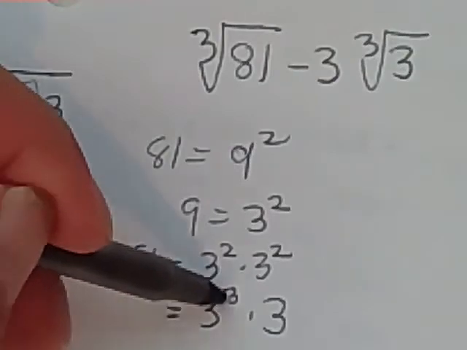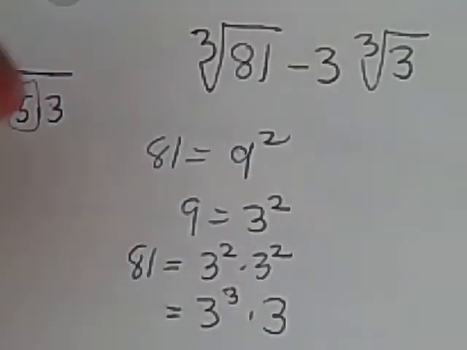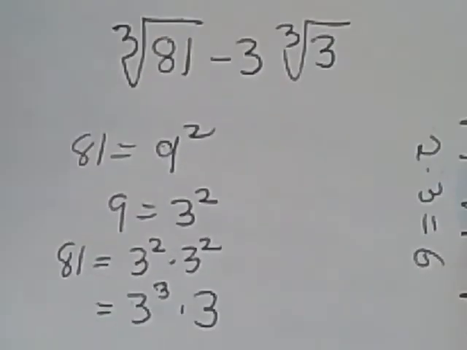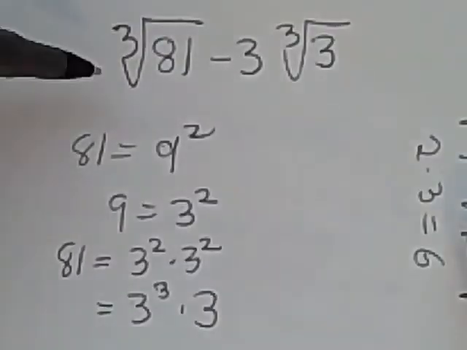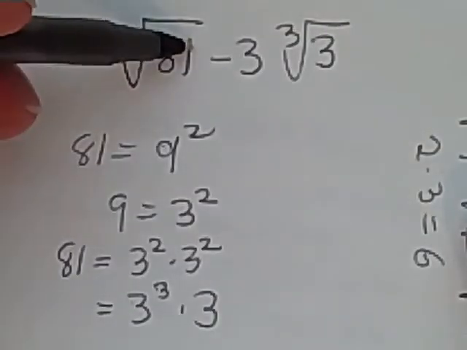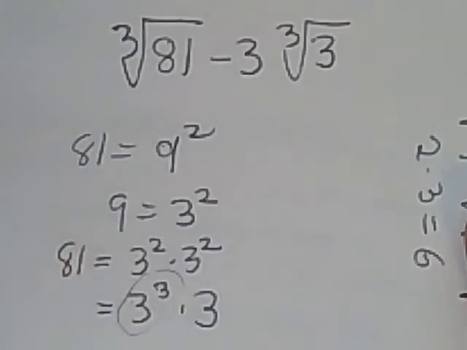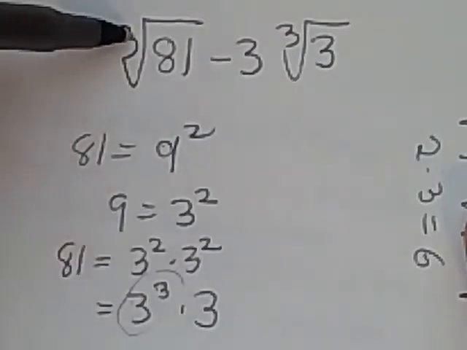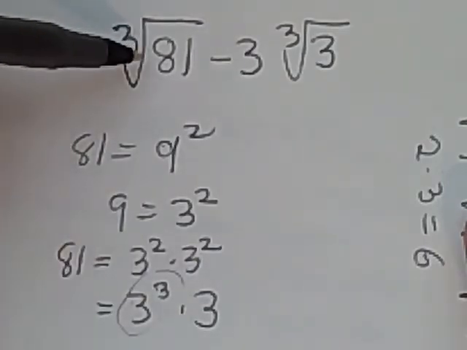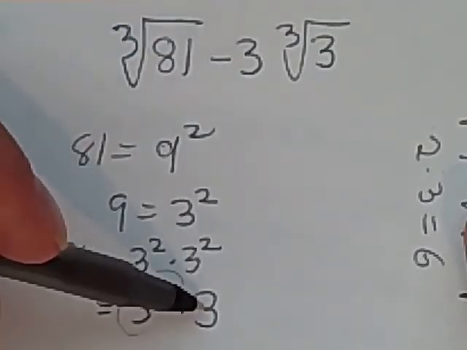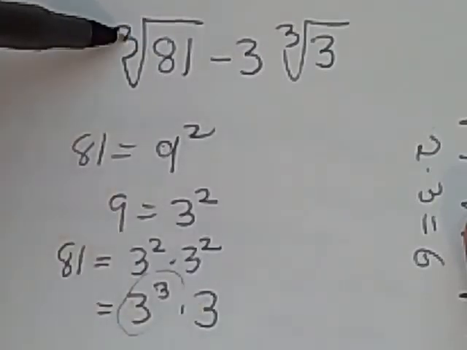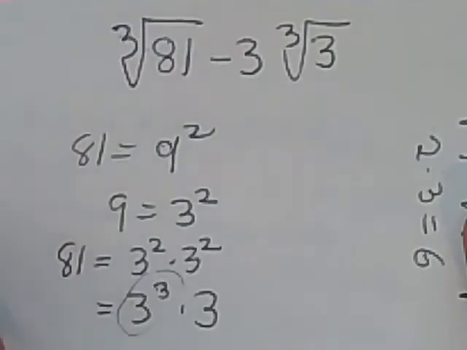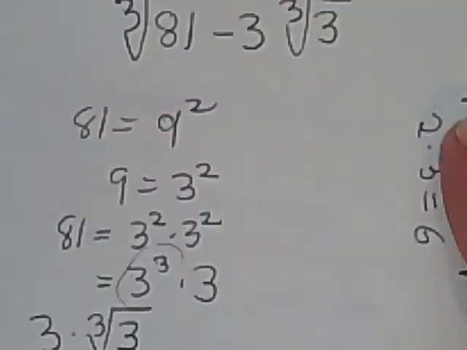I mean, this is 27 times 3. Okay. So back on this original function here, the cube root of 81, I can pull out a 3 cubed, and what would be left underneath the radical sign is a 3. So the cube root of 81 can be rewritten as 3 times the cube root of 3.